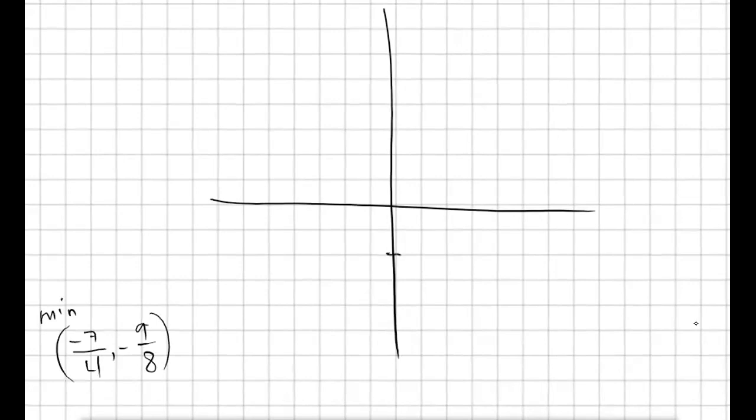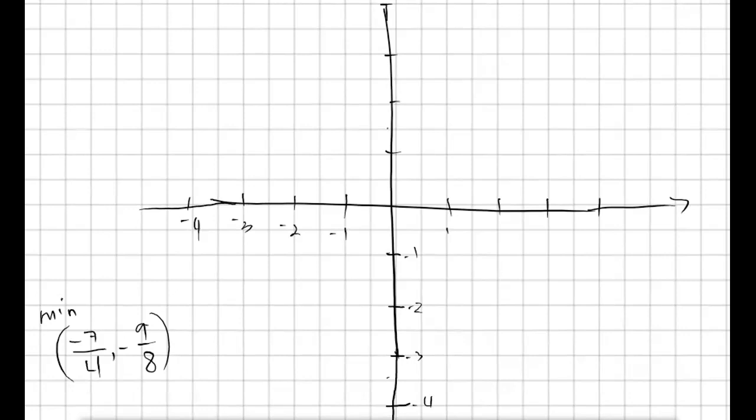Okay, so if 1, 2, 3, 4, negative 1, negative 2, negative 3, negative 4, on both axes.